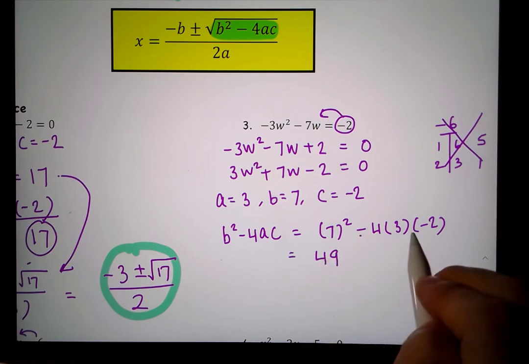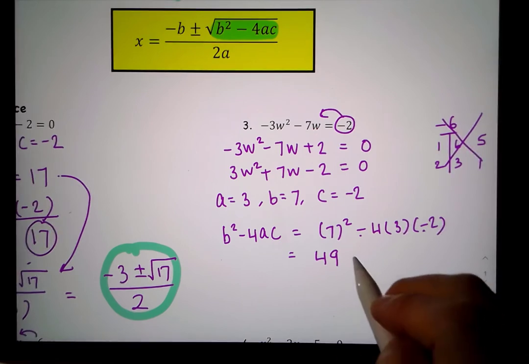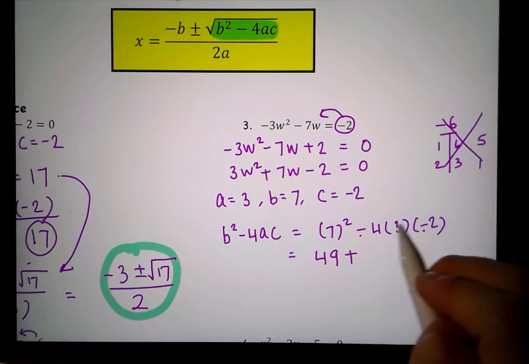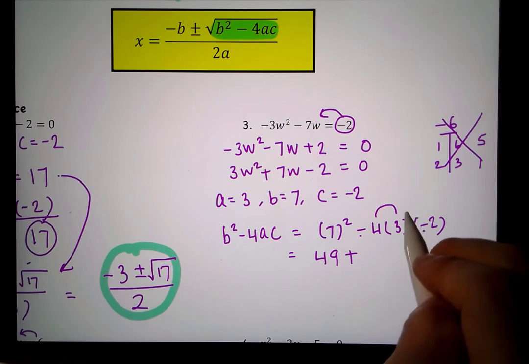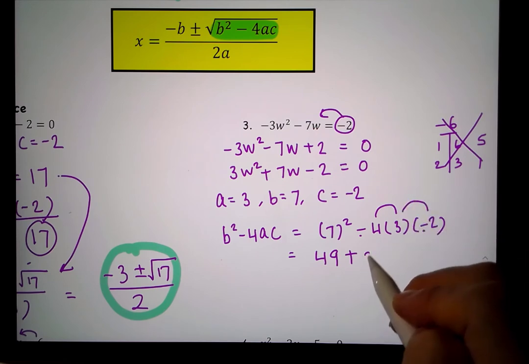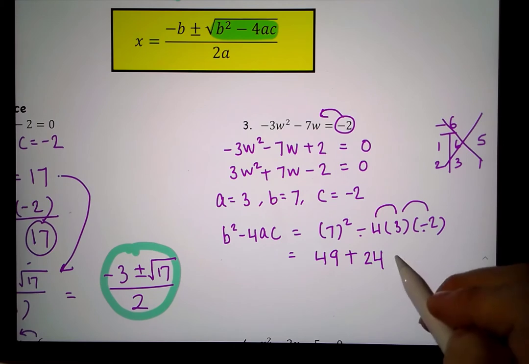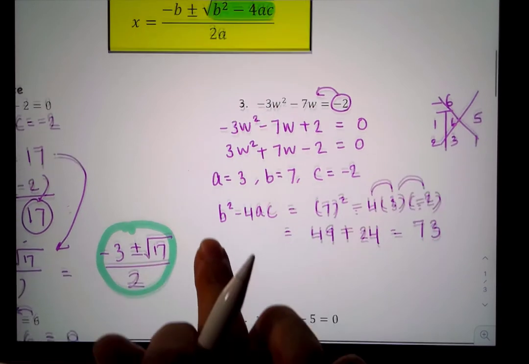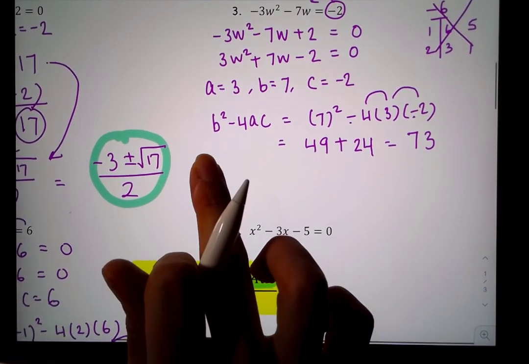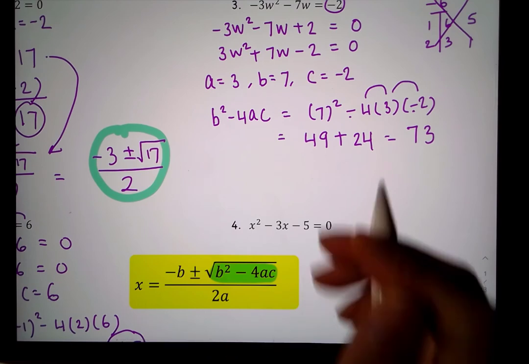And do you see negative, negative, right? So that turned to positive. And when you multiply number 4 times 3, that's 12. 12 times 2, 24, right? And then when you add it, that's 73.